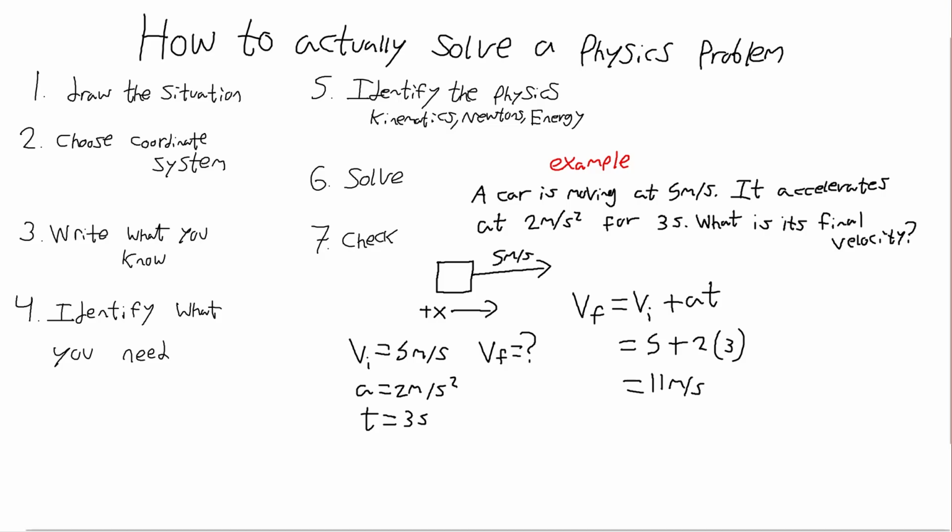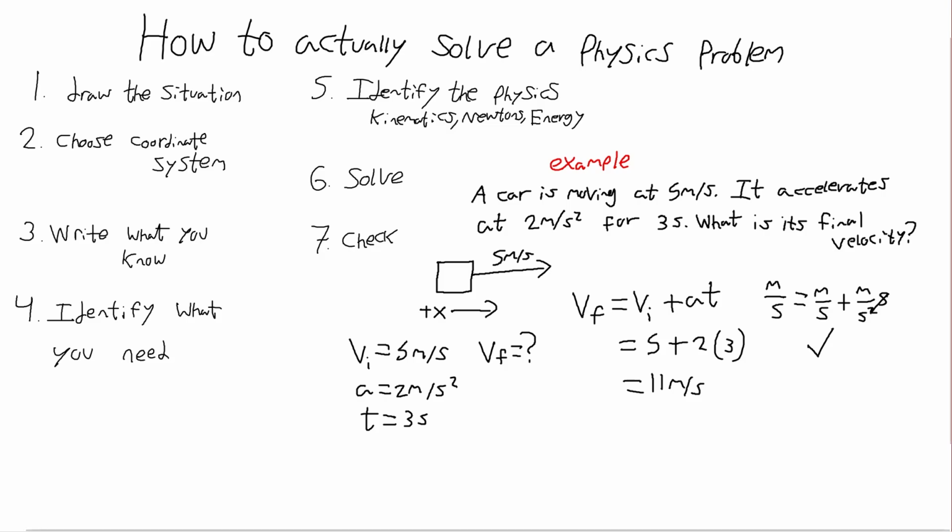Now the final step is checking. The units of this kinematic equation are meters per second for the final velocity is equal to meters per second plus acceleration, meters per second squared, times time, which is just seconds. So one of the seconds in the denominator here cancels out. So we're left with meters per second is equal to meters per second.